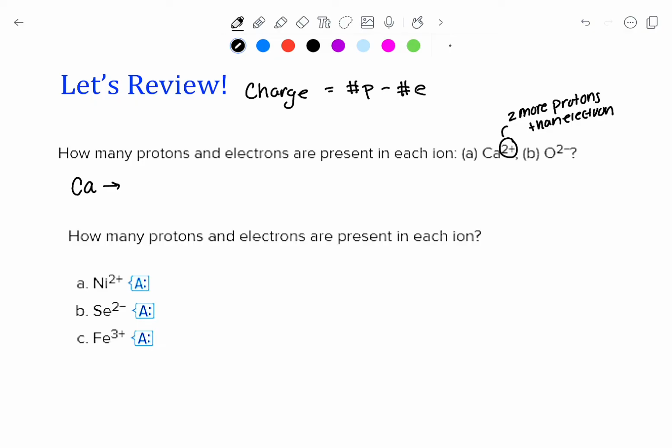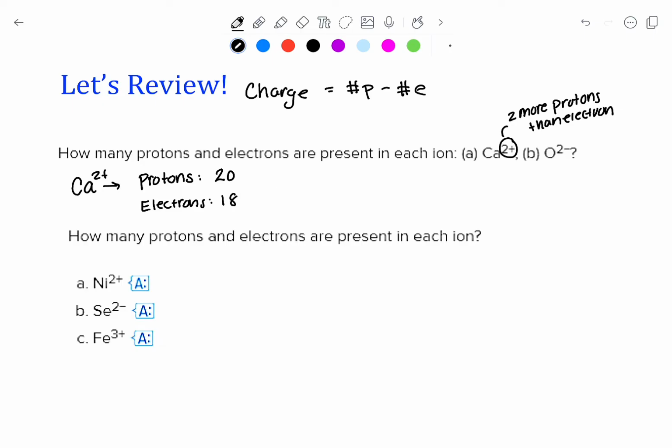So pull out your periodic table, look for calcium, see where it is, and that will tell you the number of protons. Calcium is element number 20, meaning it has 20 protons. And if calcium 2+ has 2 more protons than electrons, that means our number of electrons is 18.